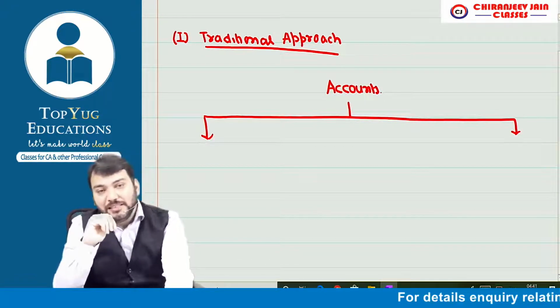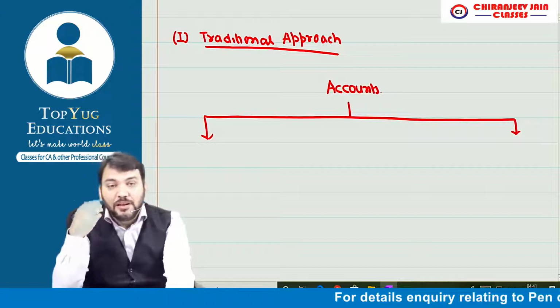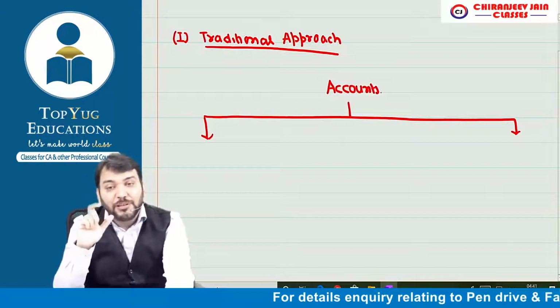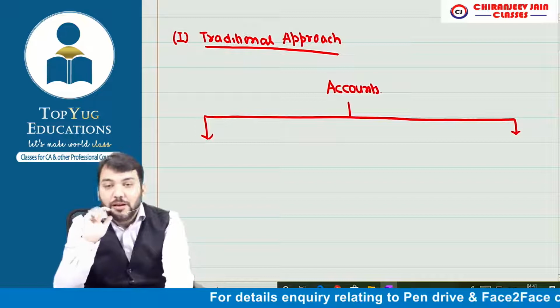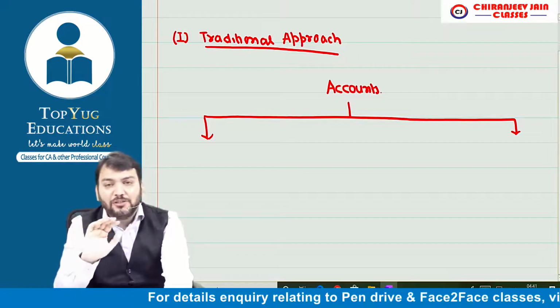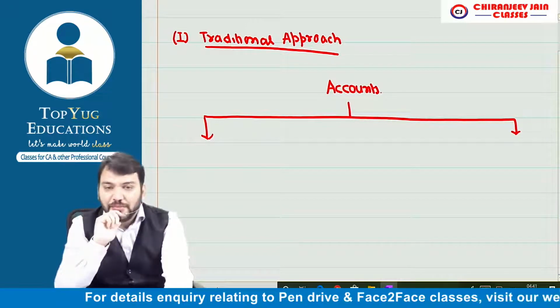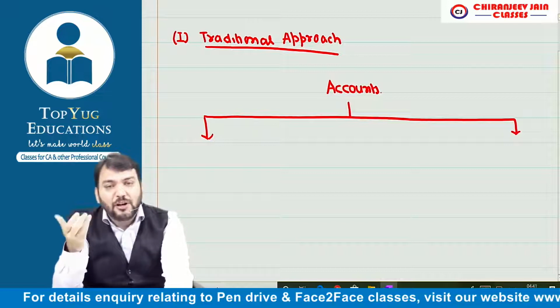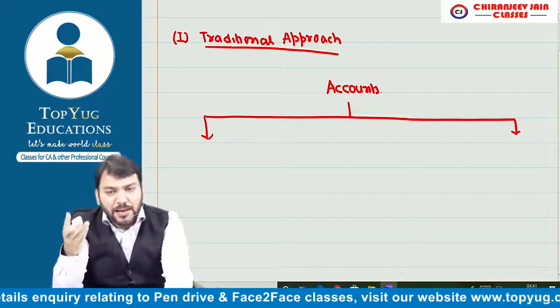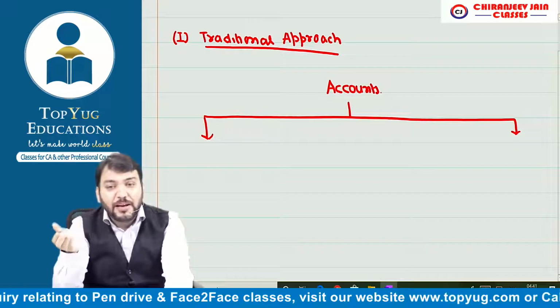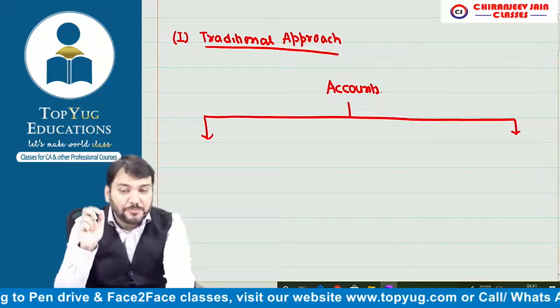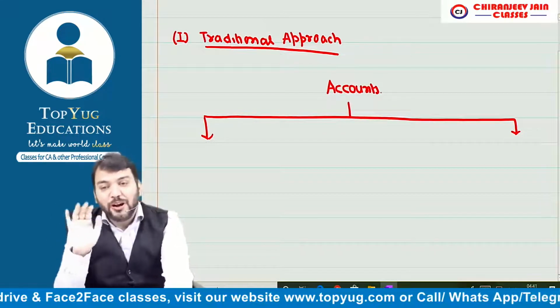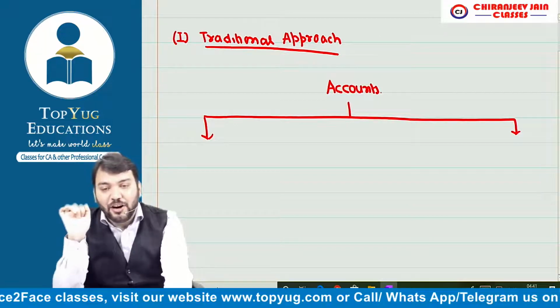Correct? Means any transaction which cannot be recorded in money value is not recorded. So any emotional effect, for example, the death of an employee or a manager, or any other event which cannot be expressed in terms of money value will not be recorded. Understood?